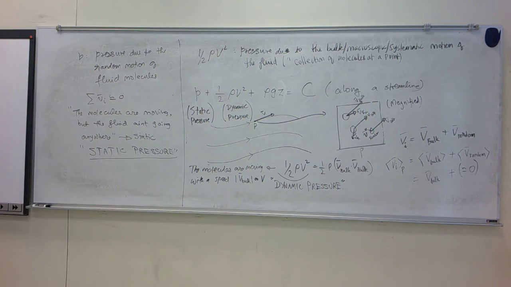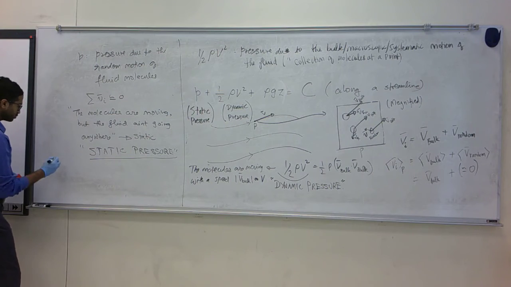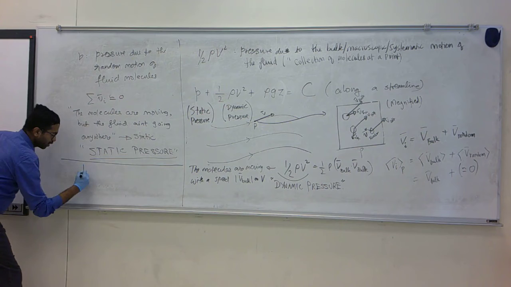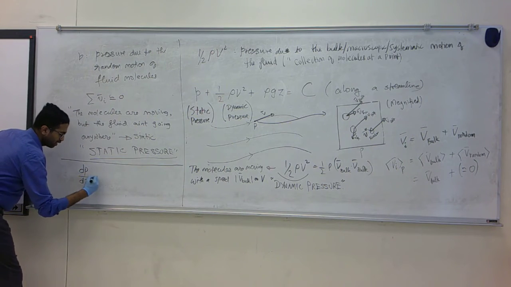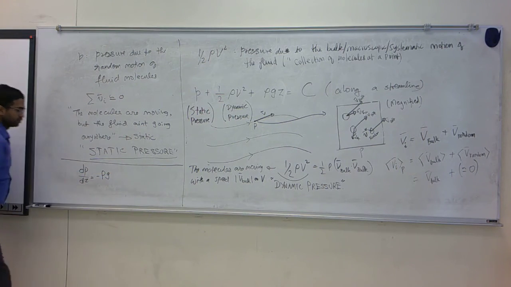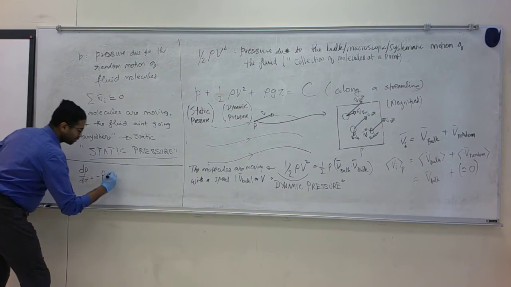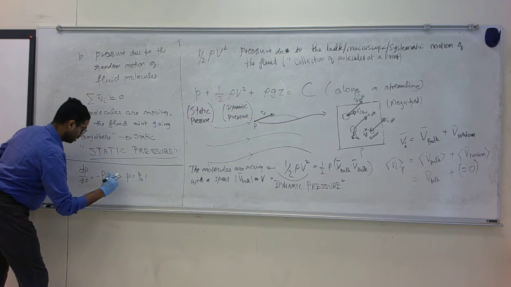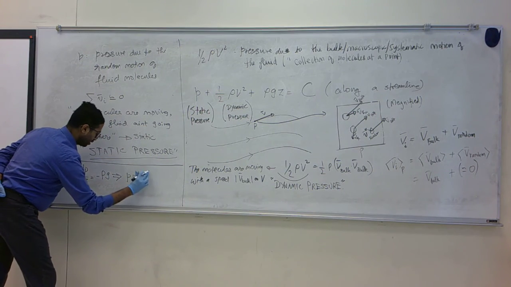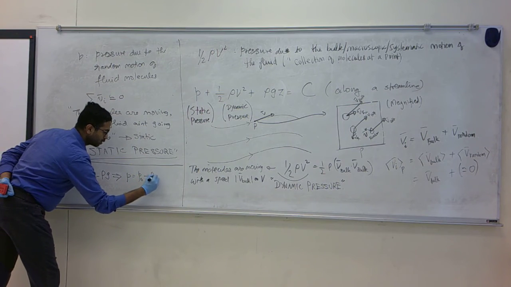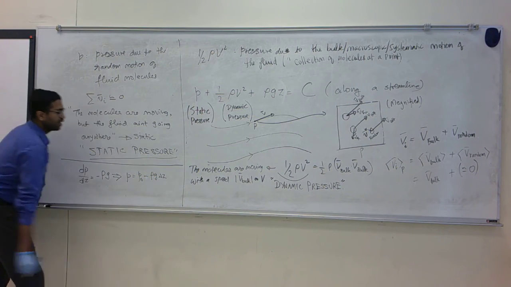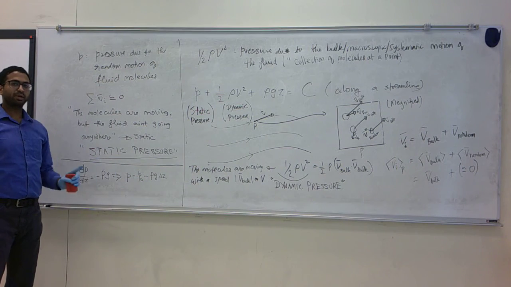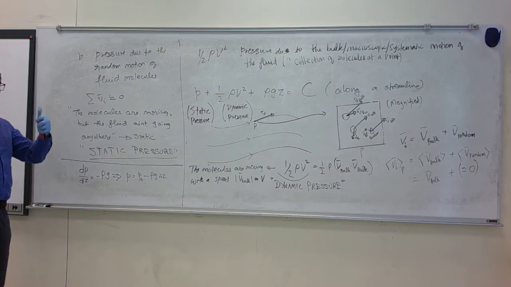The third term, if you recall, when we did the variation of pressure in a static fluid, we wrote dP over dz is minus rho g, and that gave us P equals P naught minus rho g delta z. Depending on the sign of z, this can be positive or negative, depending on whether you're going down or going up.